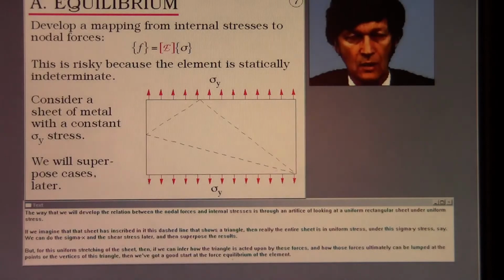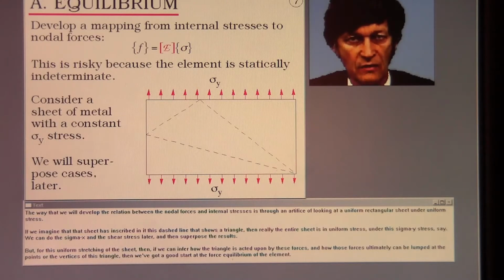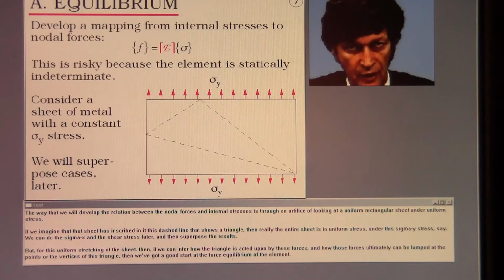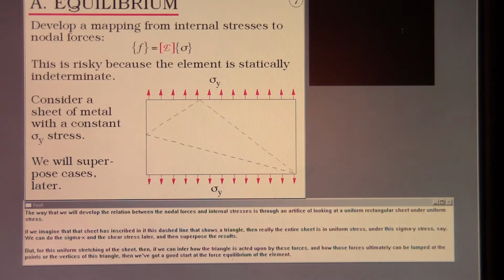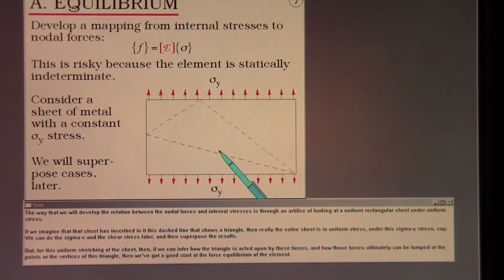The way that we will develop the relation between nodal forces and internal stresses is through an artifice of looking at a uniform rectangular sheet under uniform stress. If we imagine that that sheet has inscribed in it this dashed line that shows a triangle, then really the entire sheet is in uniform stress under this sigma y stress, say.